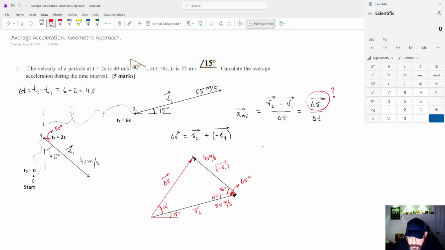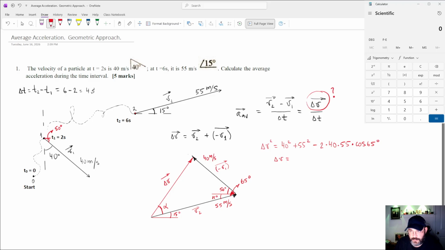Okay, so let's apply cosine law. Our delta V squared is equal to 40 squared plus 55 squared minus 2 multiplied by 40 multiplied by 55 and multiplied by cosine of 65 degrees.